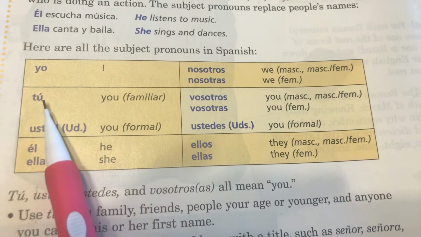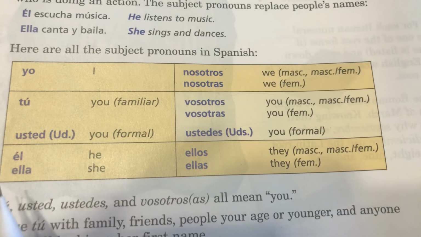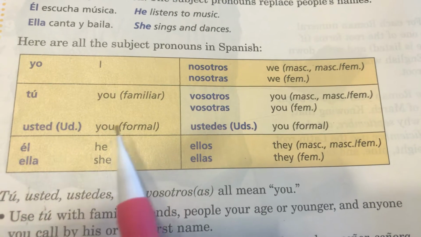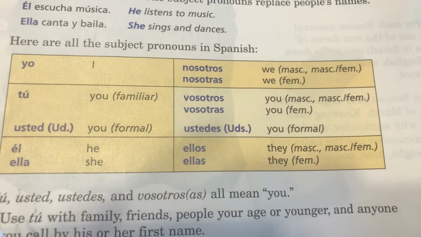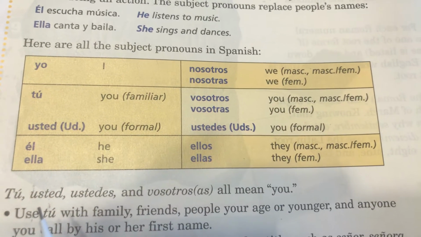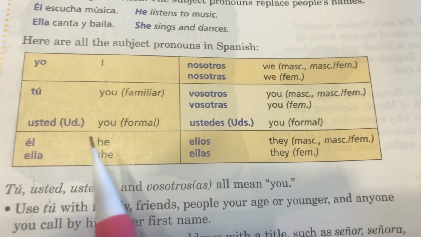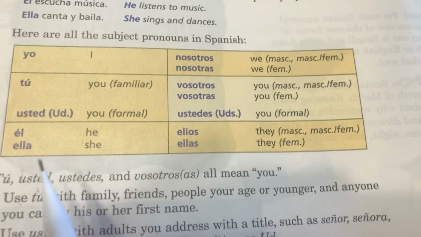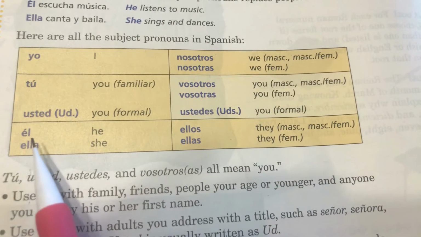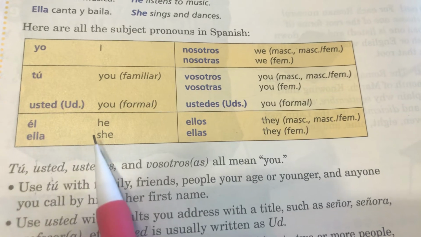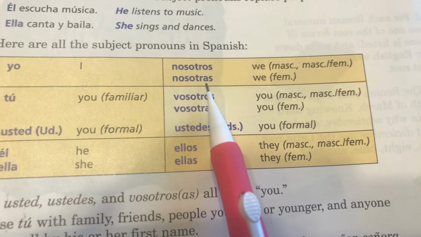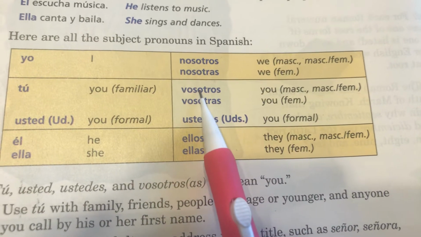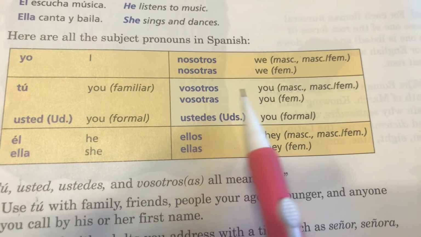So you, familiar with classmates, with students, friends, and then usted, formal, it's a polite way of speaking to your elders or your boss, your teachers. Then we have él, which is he, ella, she. Nosotros, we, masculine, nosotras, we, feminine.